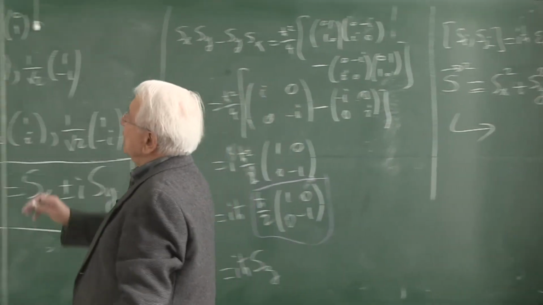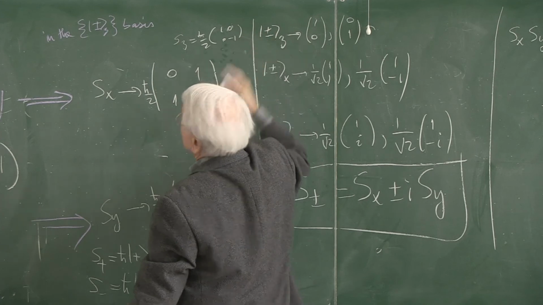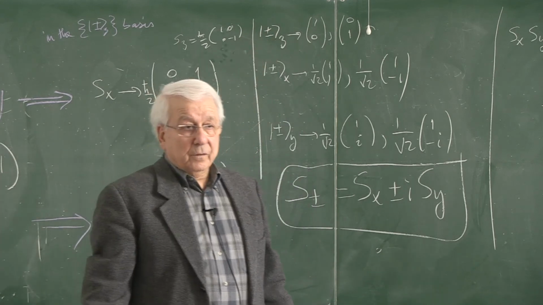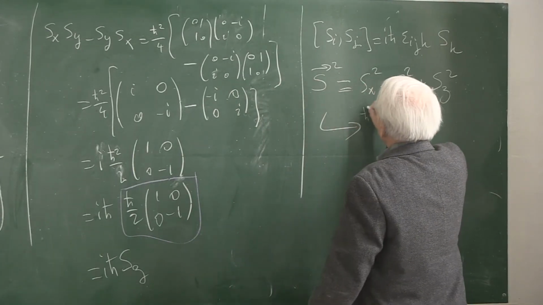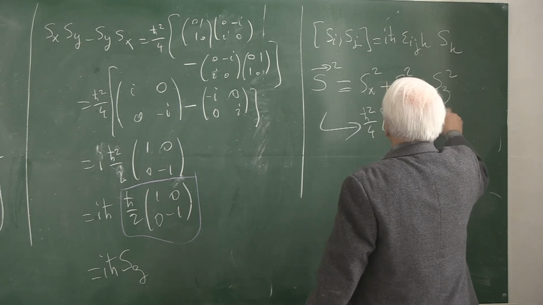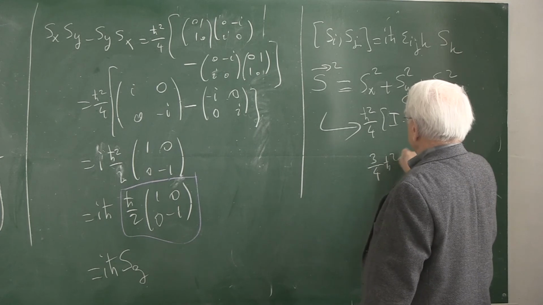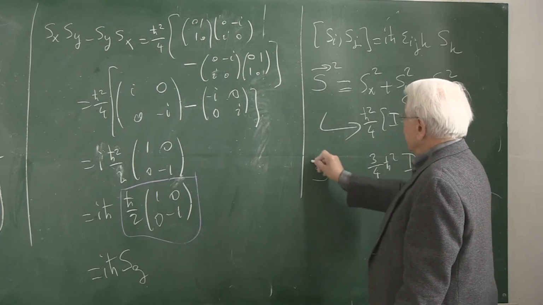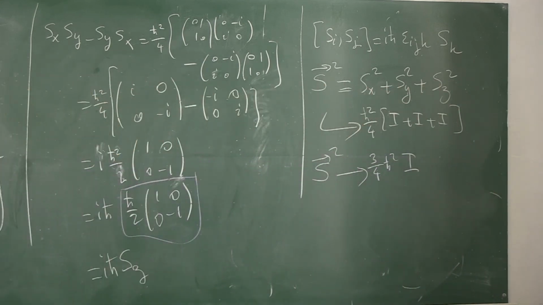What is the square of this matrix? h bar squared over 4 is there. 1, 0, 0, 1. Multiply it with itself. It is 1, 1, right? The unit matrix. Similarly for all, the unit matrix plus the unit matrix plus the unit matrix is equal to 3 over 4 h bar squared times the unit matrix. So S squared has this matrix representation, a constant times the identity matrix.